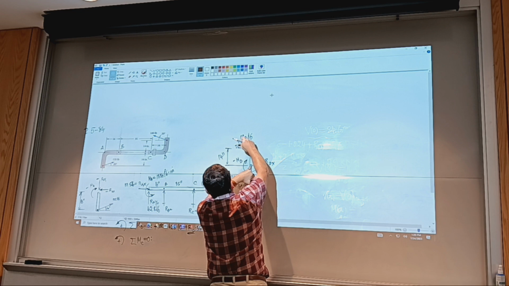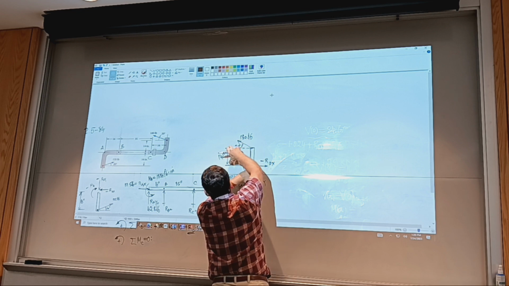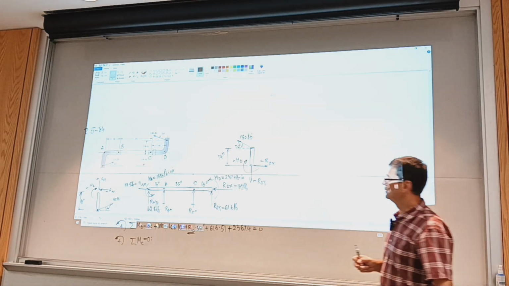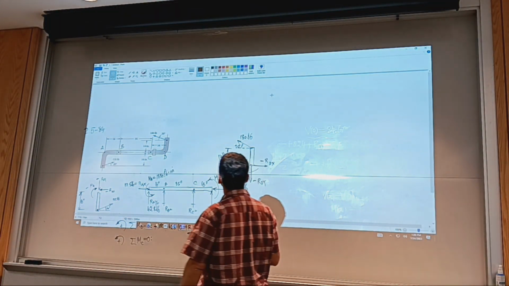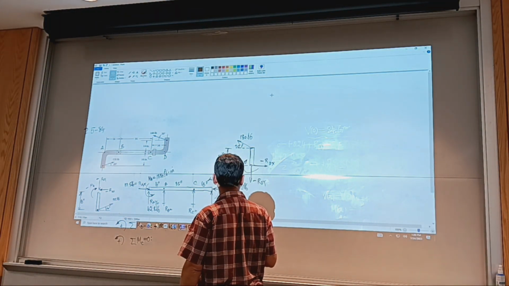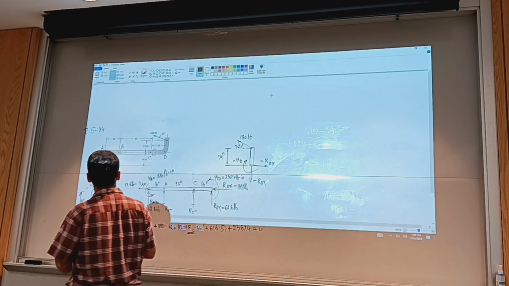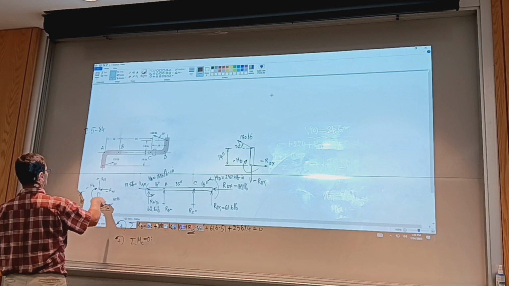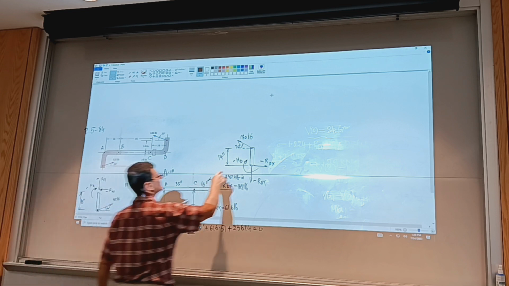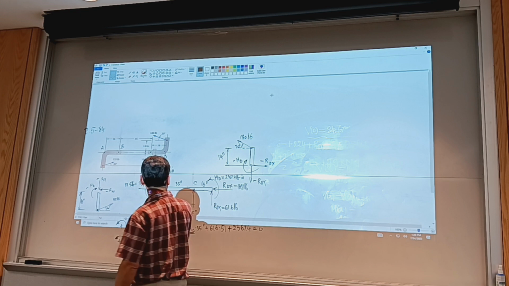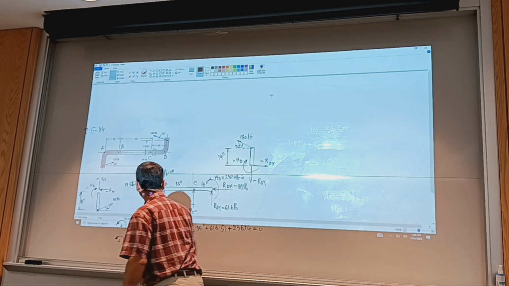So 180 times cosine of 20 degrees times 14, it should be this value. 180 times cosine 20 times 14. Yes, yep. Okay, so one more time. Clockwise, counterclockwise. Moments are good. And my counterclockwise is positive for my choice of moments.